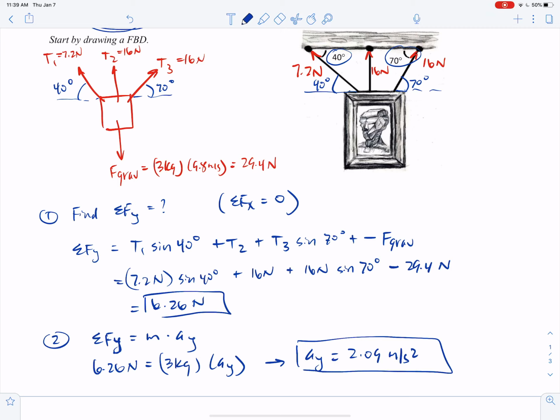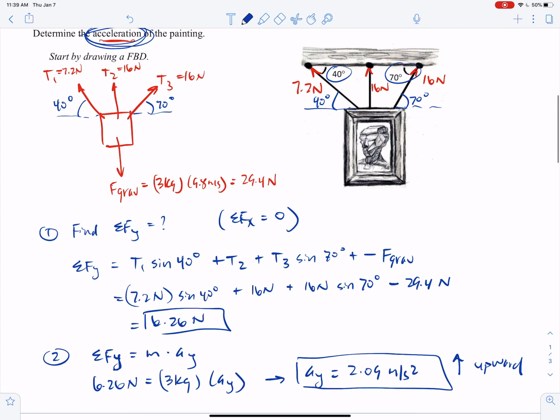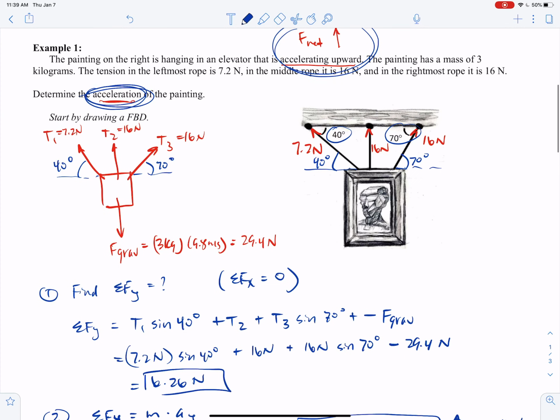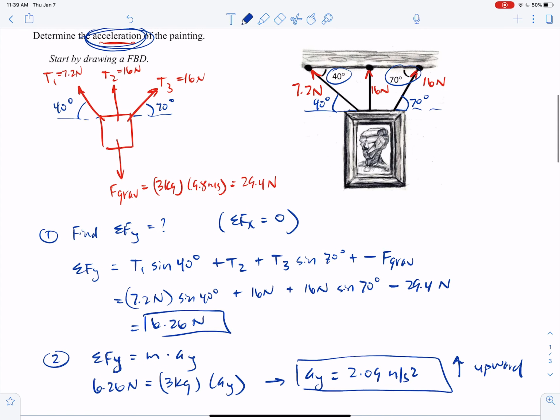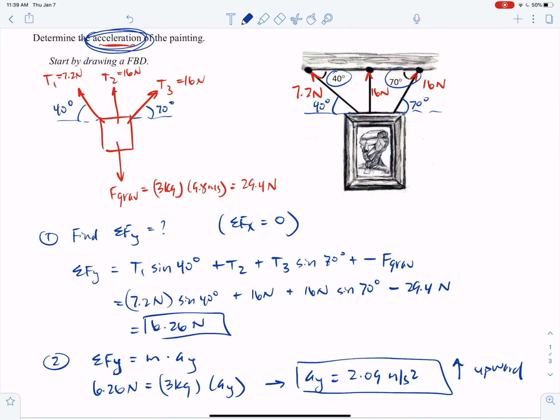And what's the direction? It's upward. Okay? Because, well, actually, it told us that in the problem statement up here, right? It said it was accelerating upwards. Okay, so that's how you can incorporate forces at angles along with Newton's second law to figure out an unknown acceleration in this case.